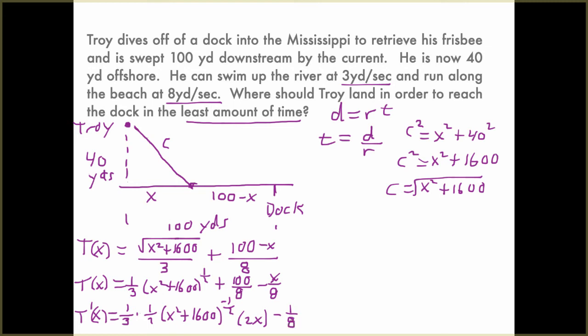All right, so there is my derivative. We're going to set this equal to 0. When you set it equal to 0, I'm going to do a little shortcut here. We're going to combine all this together. We'd have 1/8 equals 1/3 times 1/2 times 2 is 1/3.